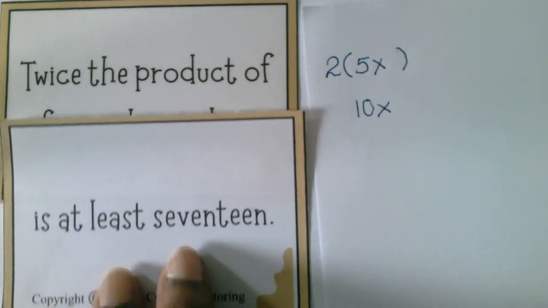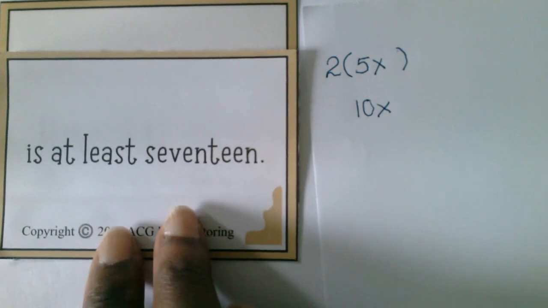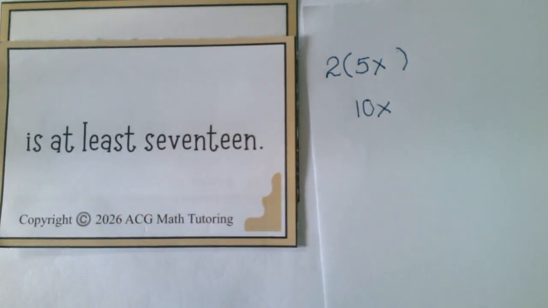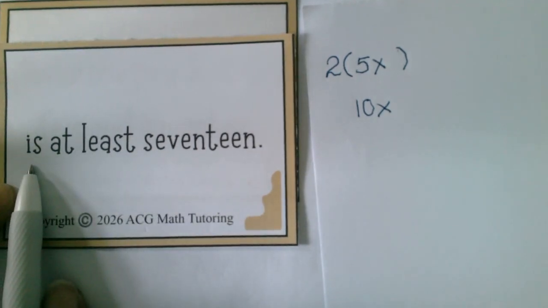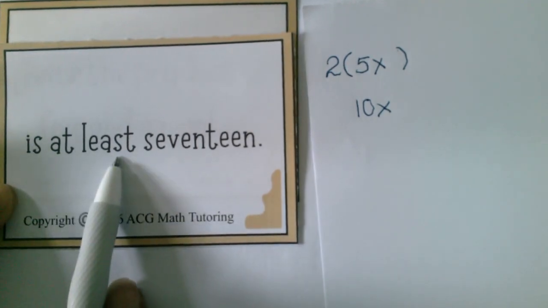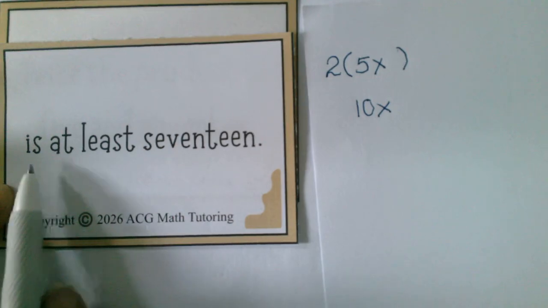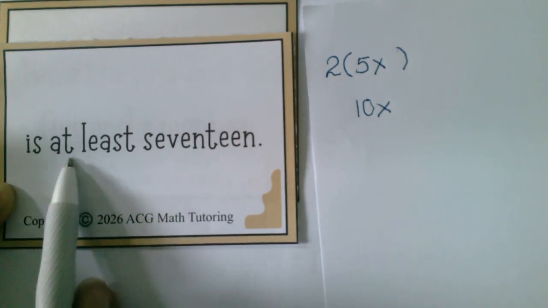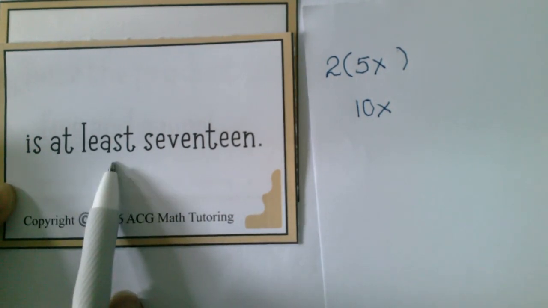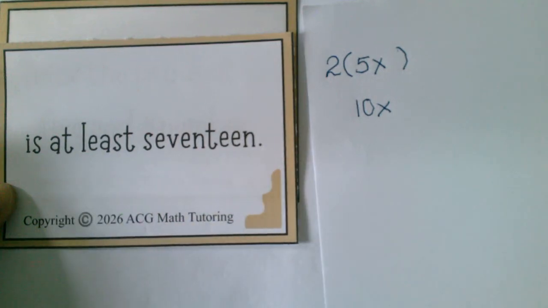Alright, so let's take a look. "Is at least 17." When the word "is" is in front of at least, less than, greater than, or at most, we're looking at inequalities. Now, at least means you will have the lowest that you would go, but you are expecting higher things.